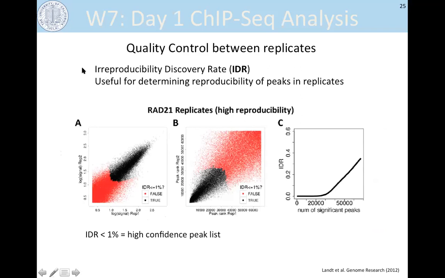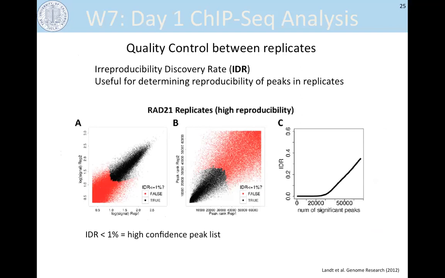Another metric for this time to assess reproducibility between replicates is what's known as the irreproducibility discovery rate. This is sort of analogous to a false discovery rate, to assess how reproducible your data was between replicates.